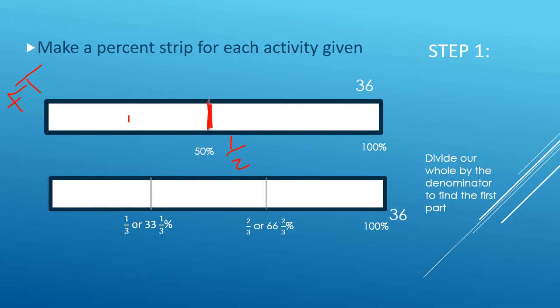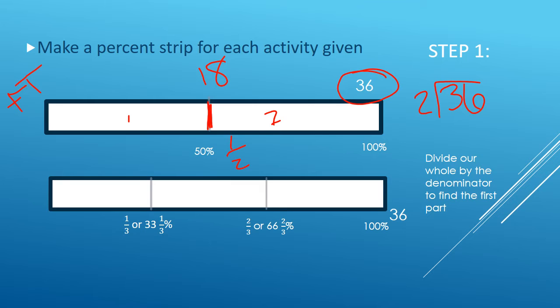So it's 2 parts. 50% is half of 100, so all I have to do is find half of 36. So 36 divided by 2, because when you're cutting something in half, you're dividing it by 2, which gives me 18. So he spent 18 days practicing free throws.